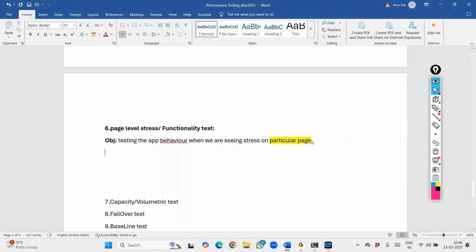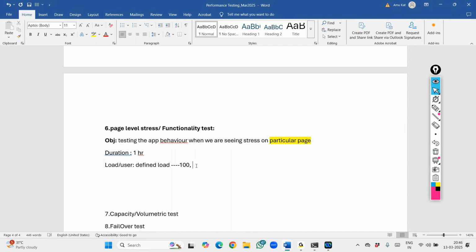When you talk about duration, it is the same as the load test, 1 hour. And if you talk about the load or virtual users, it is the defined load only. We are not going with any new surprises here. If it is defined, then we'll go with the defined load, as it is some sort of page level test.